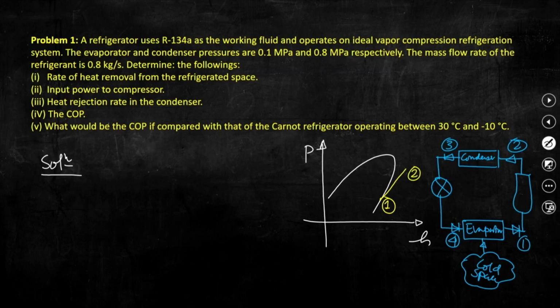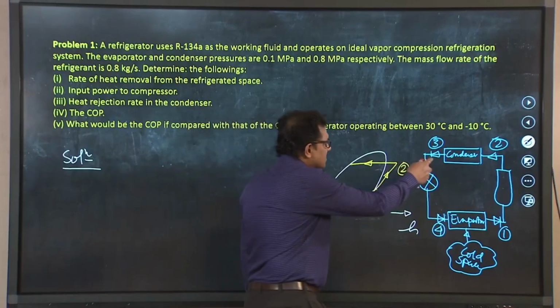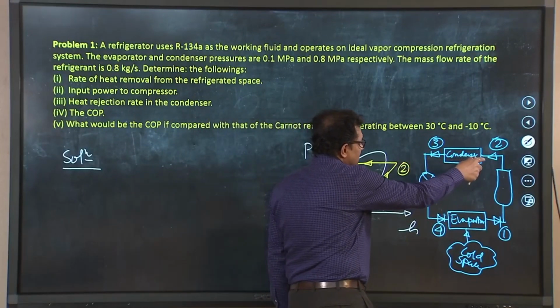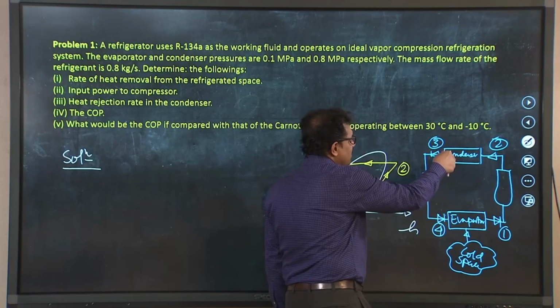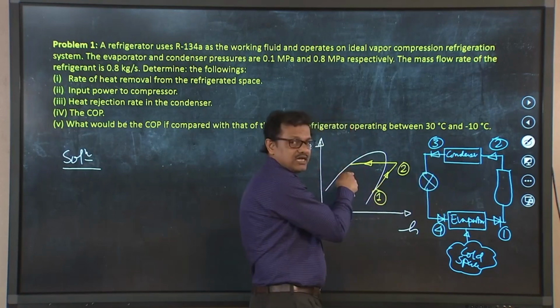Now 2 to 3 is again constant pressure condensation. Now, as I said to you, it is very difficult to design a condenser which will ensure partial condensation. So, in a condenser the refrigerant vapor will be condensed up to the saturated liquid.